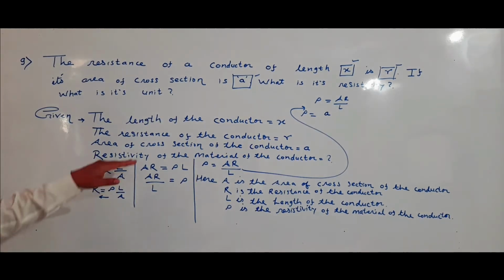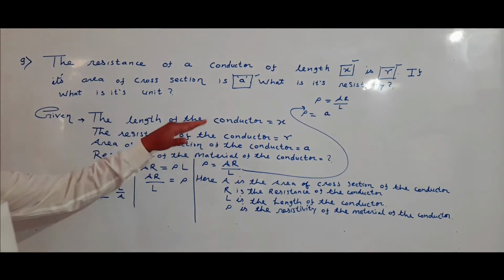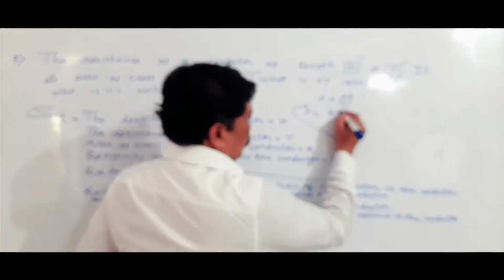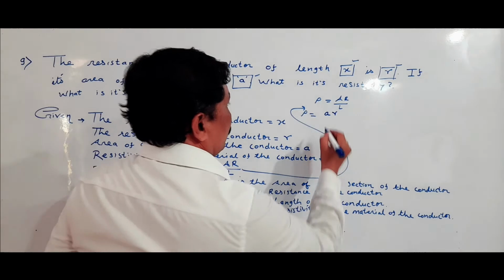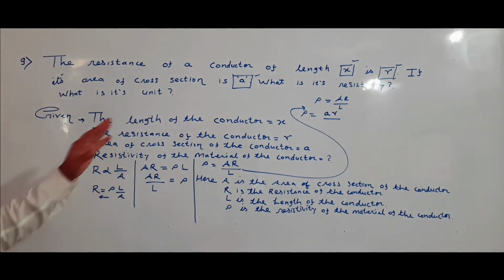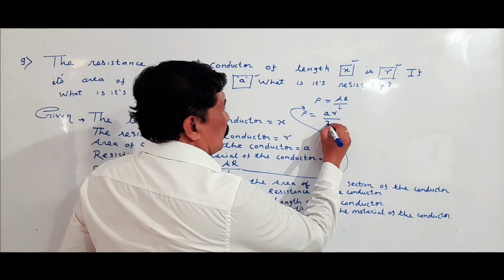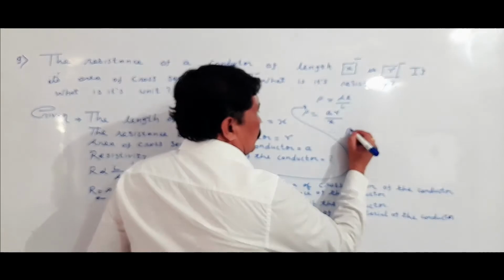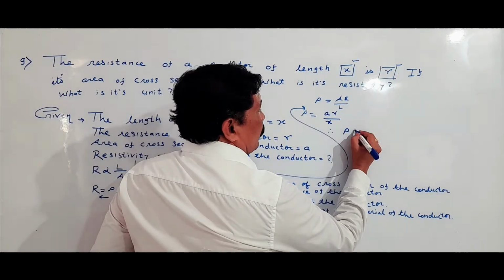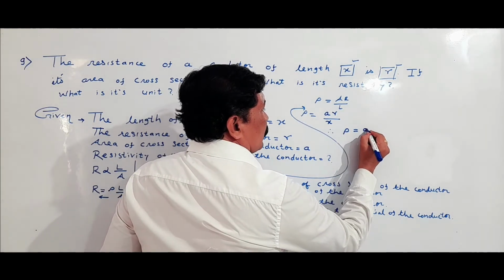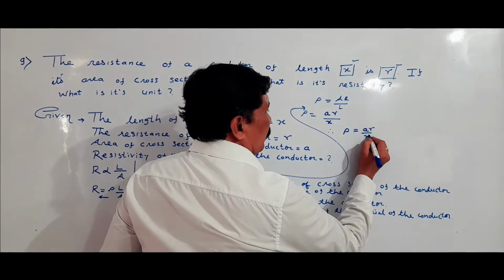R, resistance of the conductor is small r. Length of the conductor is x. Therefore, resistivity of a material of conductor is equal to AR upon x.